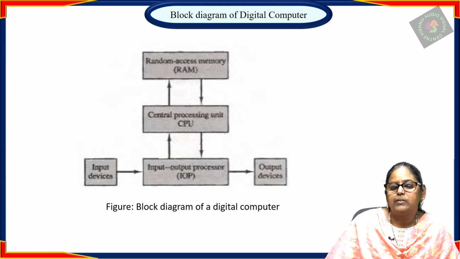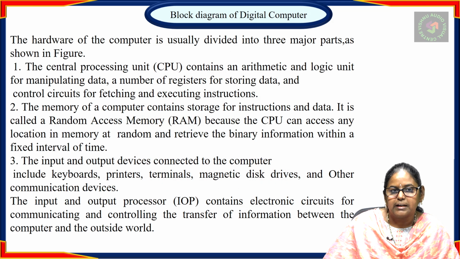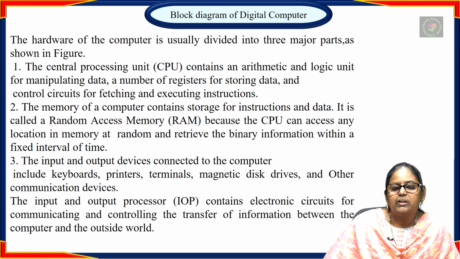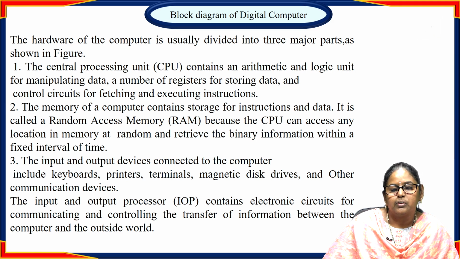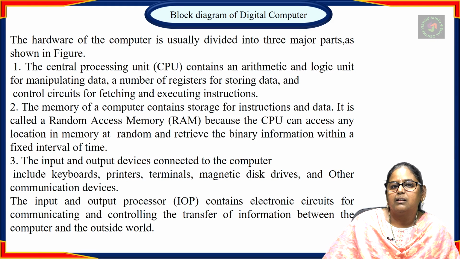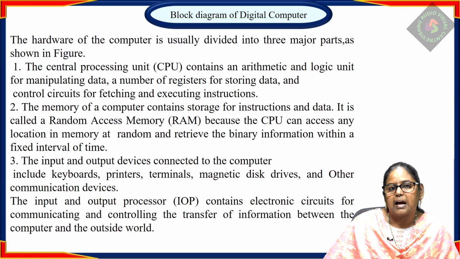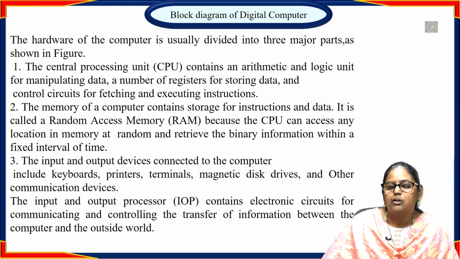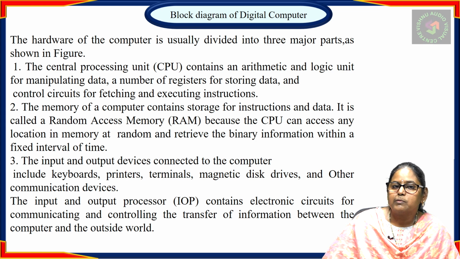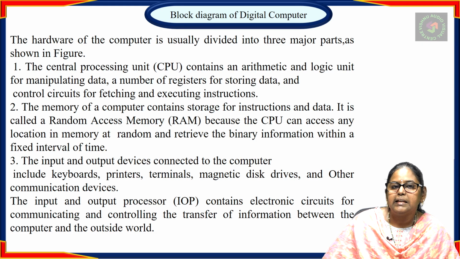When we go with the explanation of each of these, as I have told, we have three major parts: the central processing unit, memory, and the input output devices. The central processing unit again has different components. First is the ALU, the arithmetic logic unit, which is meant for performing any type of arithmetic and logic operations.